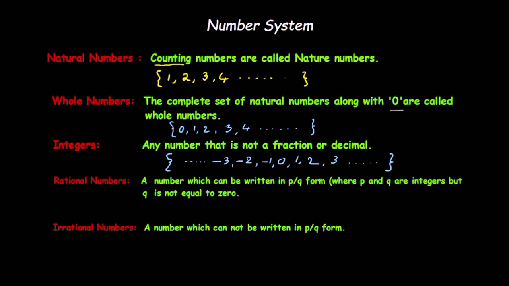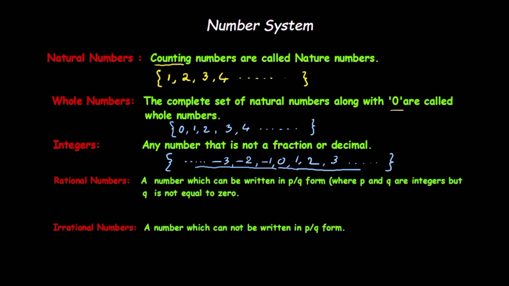Here you can observe 1, 2, 3 are called the natural numbers, and along with 0, the 0, 1, 2, 3, and so on are called the whole numbers. Along with these, we also have some negative numbers. So this total set is called integers.